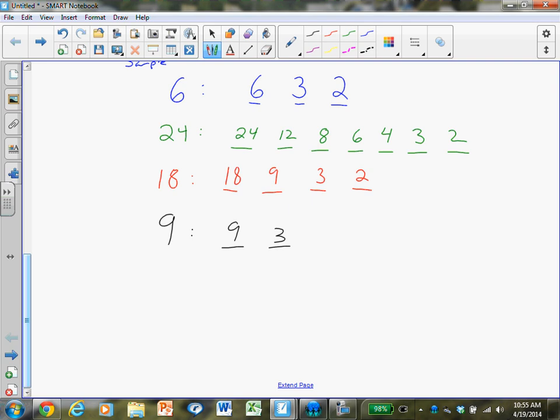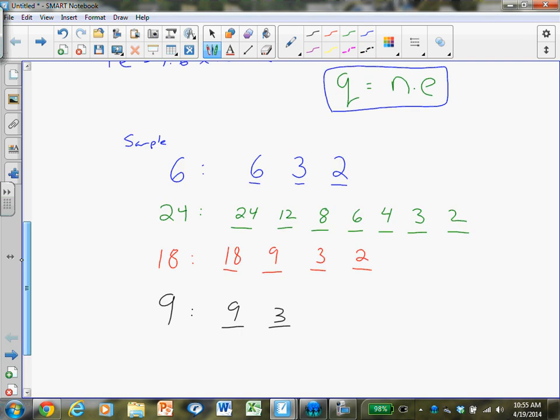So taking a look at that, we can see here what's common in all of them. Well, this has a 6, and this one has a 6, and that has a 6, but that's it. Oh, this would have a 6 too, but not this one. And the one that matches up in all of them is 3.